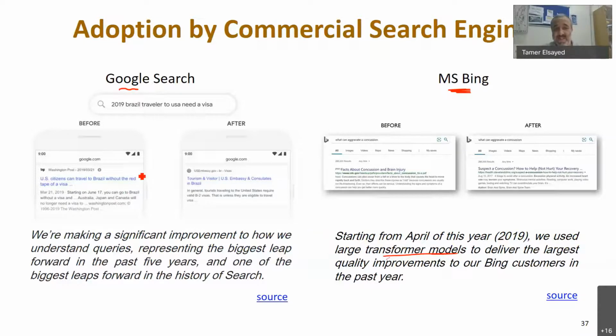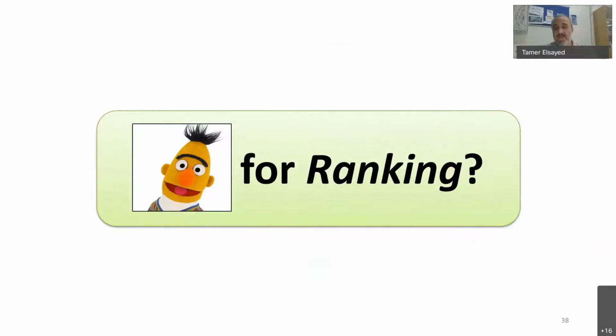You can see in these two examples that there is something semantically happening in understanding the query versus the documents that were written. So that was a motivation, I think, for us to study how BERT can be used for ranking.